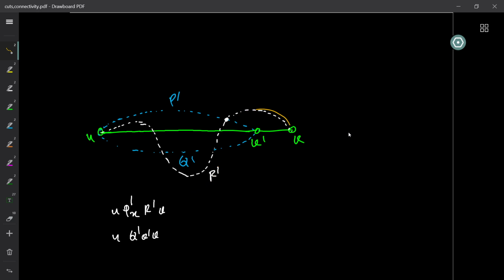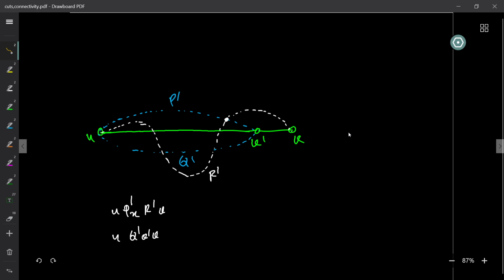Of course, it could be intersecting p dash, q dash, or some other vertices, or maybe be entirely disjoint, except the starting vertex must be the same, because each of these paths uses the vertex u. So if I look at the path r dash and pick the vertex that is in common with either p dash or q dash, look at the last such vertex along the path from u to v.